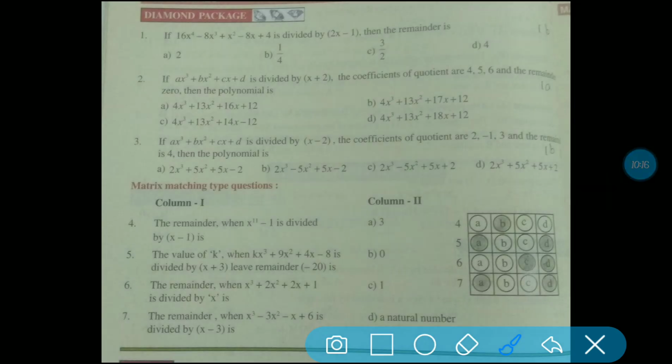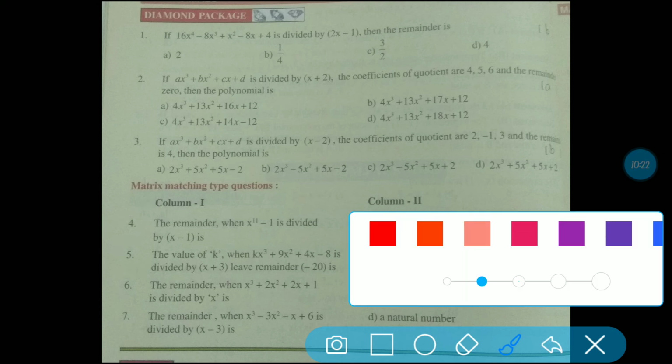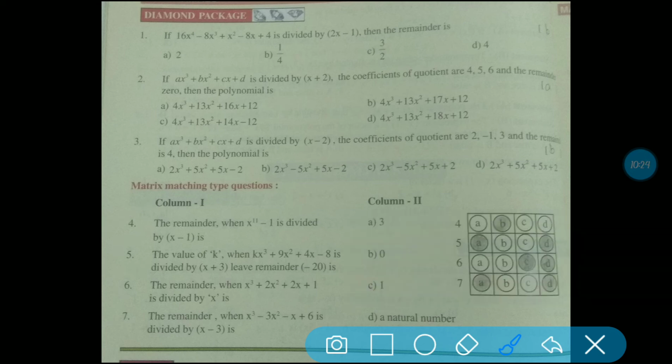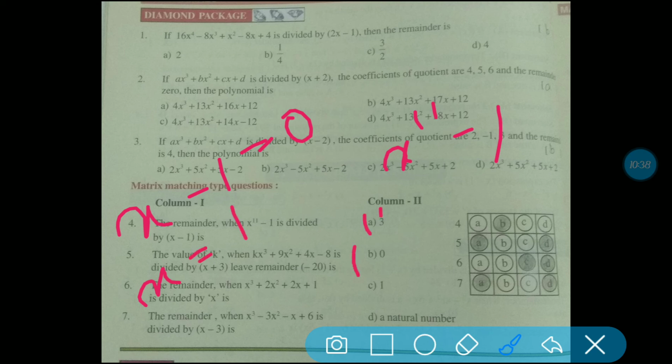Fine. Now this matching we will see here, questions 4, 5, 6, 7. These are matching questions. Now the remainder when x power 11 minus 1 is divided by x minus 1. What you will do is just equate this to 0. Minus 1 goes to the RHS and becomes plus 1.